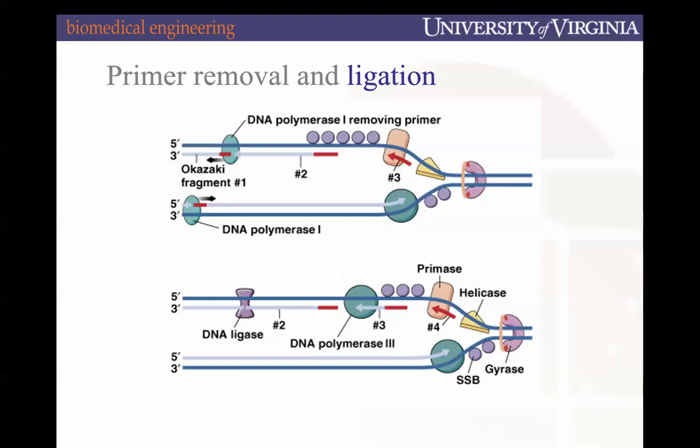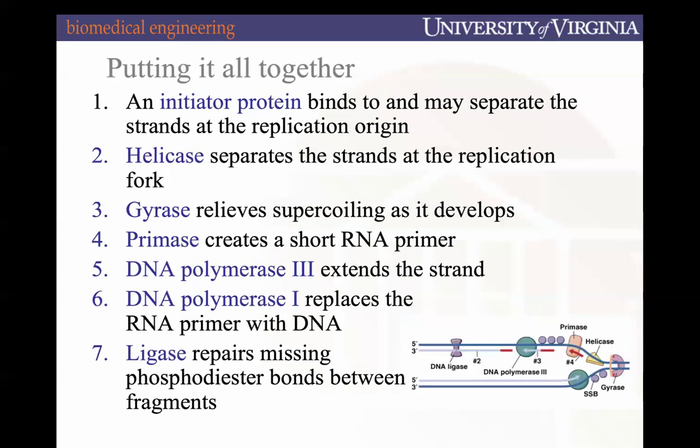So putting all of this together into one cohesive image for how DNA replication happens, we have our initiator proteins. And again, if a term's in blue, it's important to know. We have our initiator proteins whose job it is to identify the origins of replication.